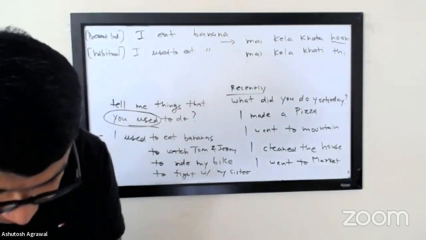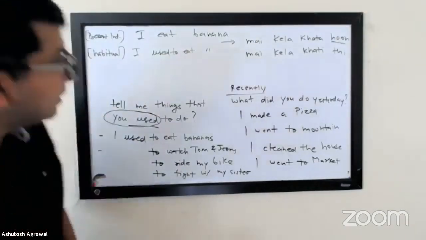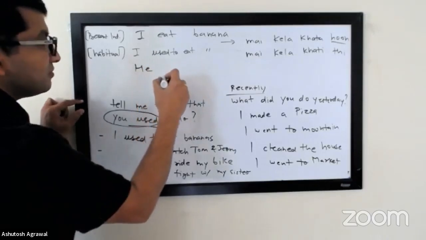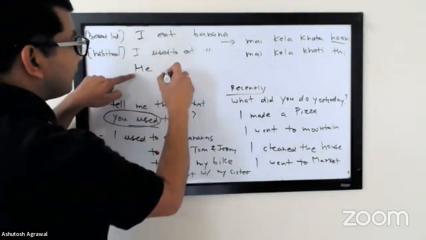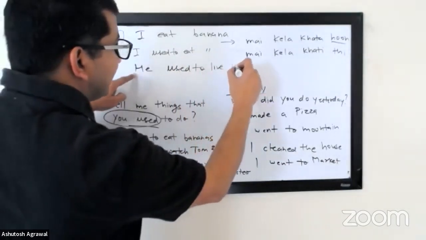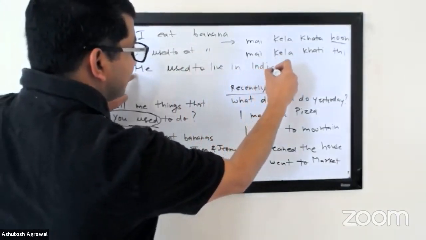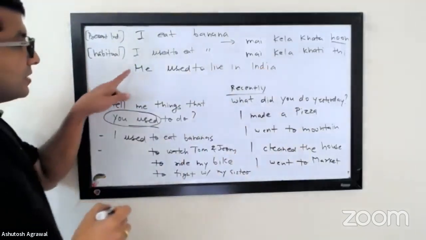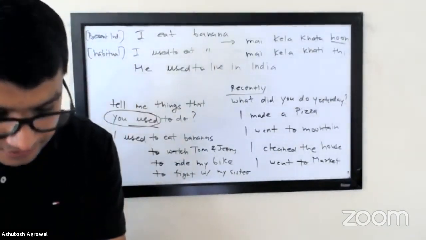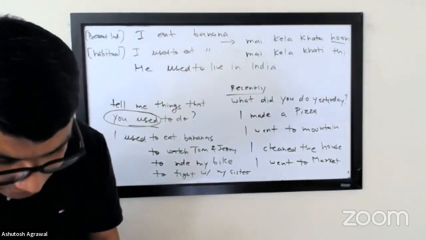Okay, I'm going to give some exercise. It's for everyone, so don't unmute and give the answer. Let everyone finish it. Let's say you have, he used to live in India. Okay, write it in the habitual past. Everyone can do this one.